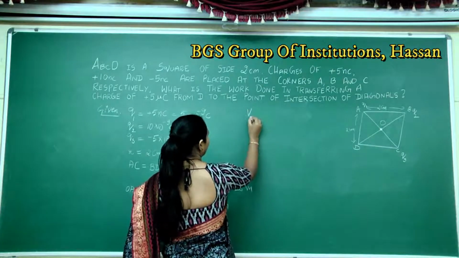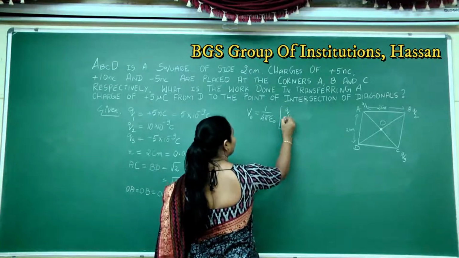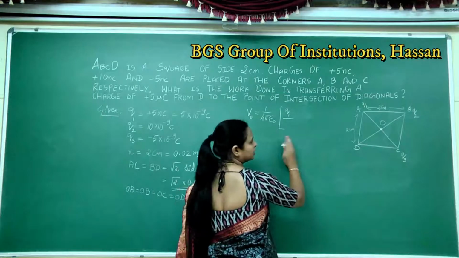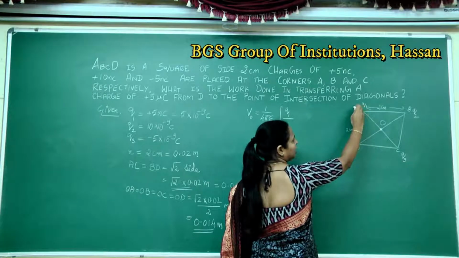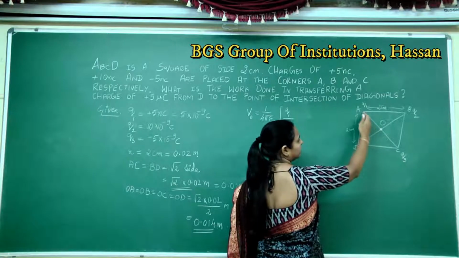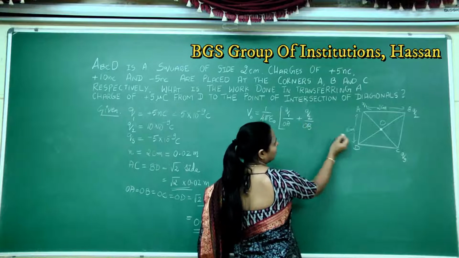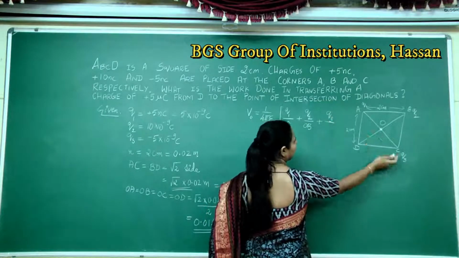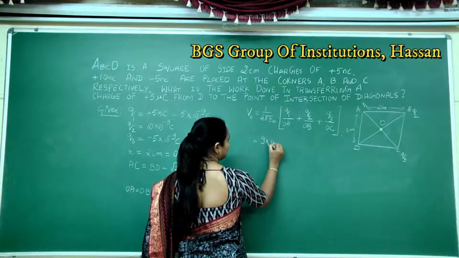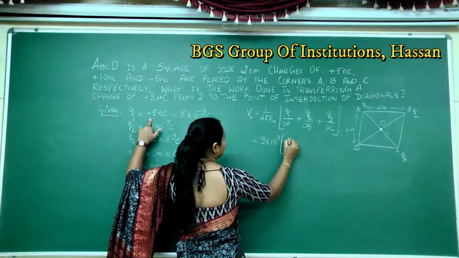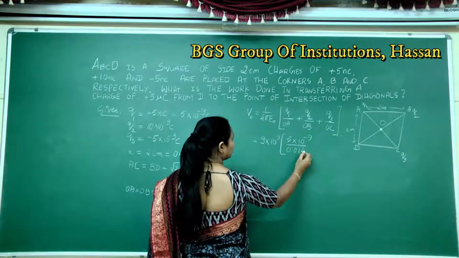So first calculate VO. VO is equal to 1 by 4 pi epsilon naught Q1 by, so VO is the potential at the center, or you can say point of intersection of diagonals, where there will be a potential due to the charge q1, q2 and q3, and the distances will be from q1 it is OA, from q2 it is OB, plus from q3 it is OC, and we have the values substituting. 1 by 4 pi epsilon naught is 9 into 10 power 9. q1 is 5 into 10 power minus 9 divided by 0.014.